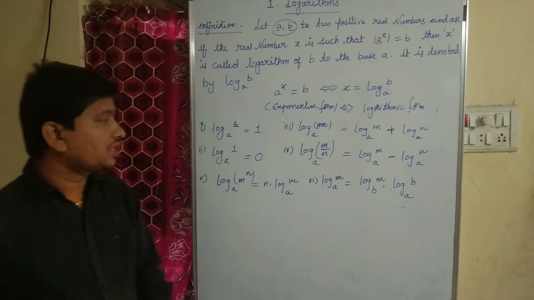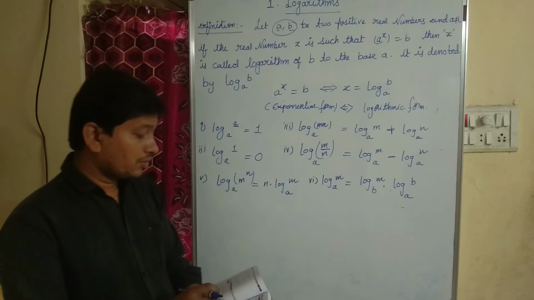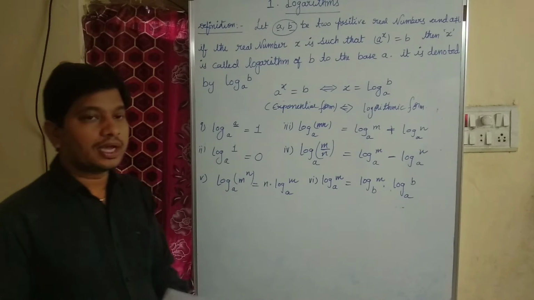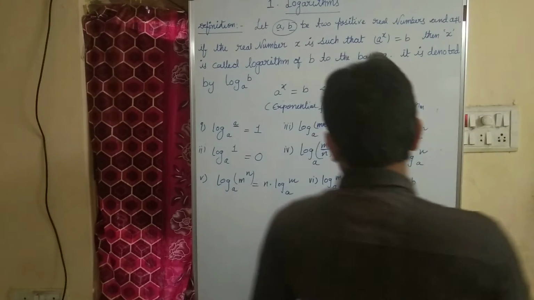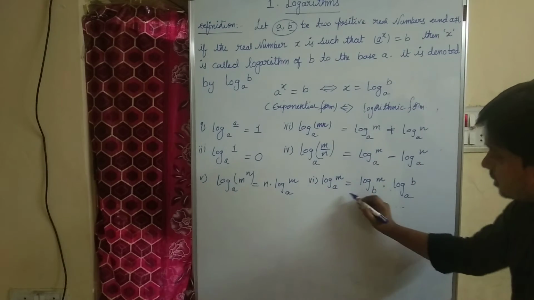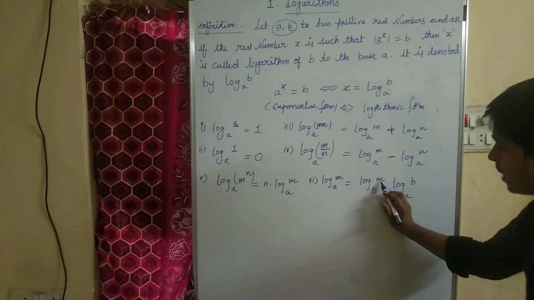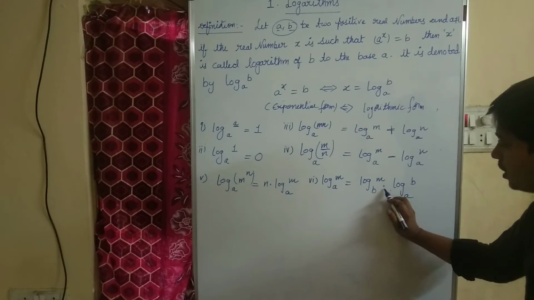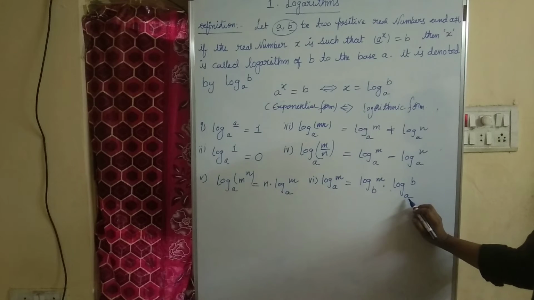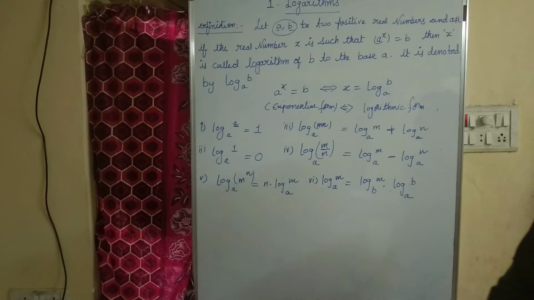So for example, you see here log m to the base a, I can write as log m to the base b into log b to the base a. So this is our sixth law of exponent.